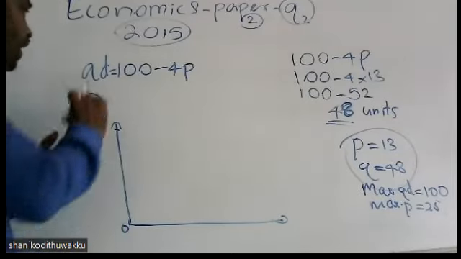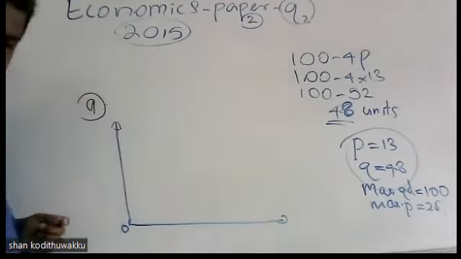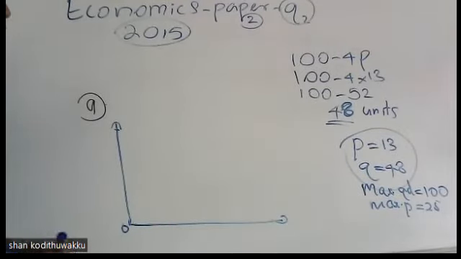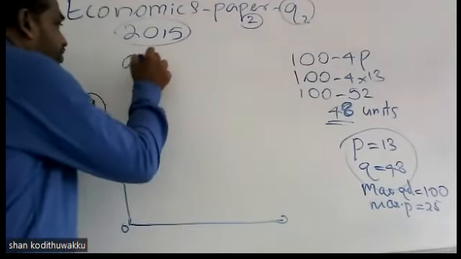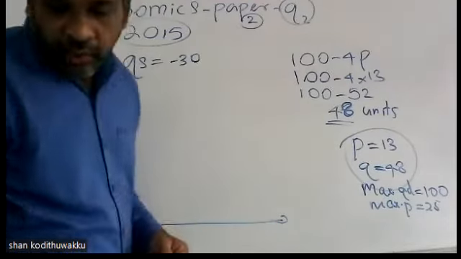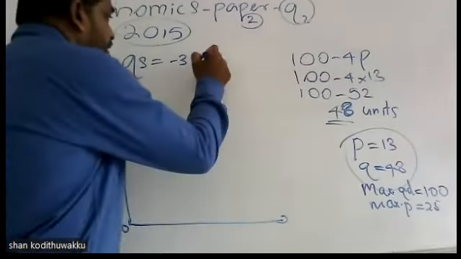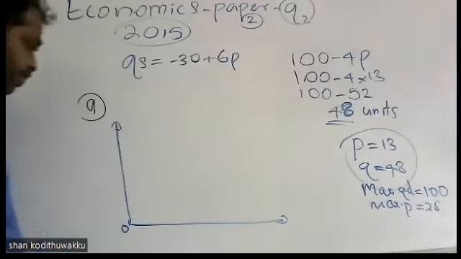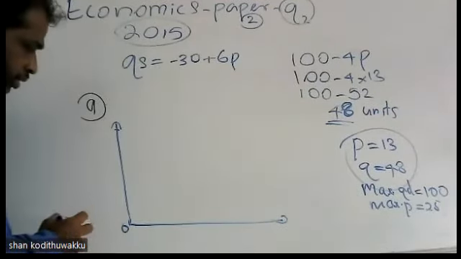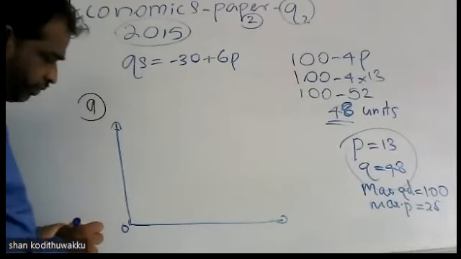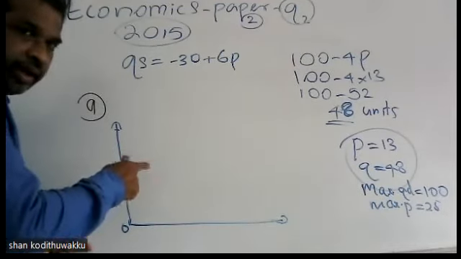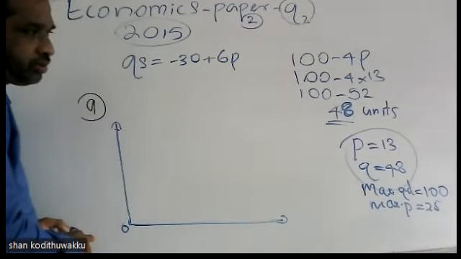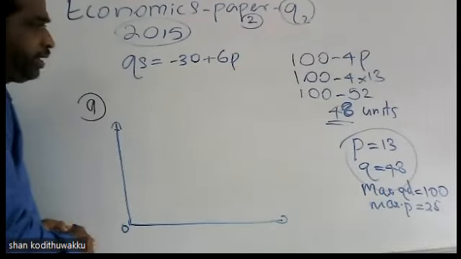Then we have to find the maximum quantity supplied and lowest price. For that, we have to use the supply equation. QS equal minus 30 plus 6p. Now you have to find the maximum and minimum supply.